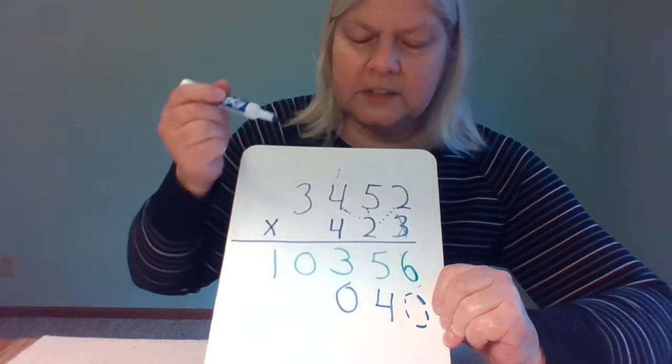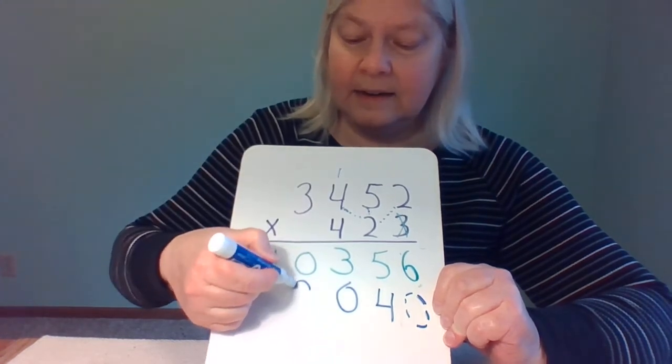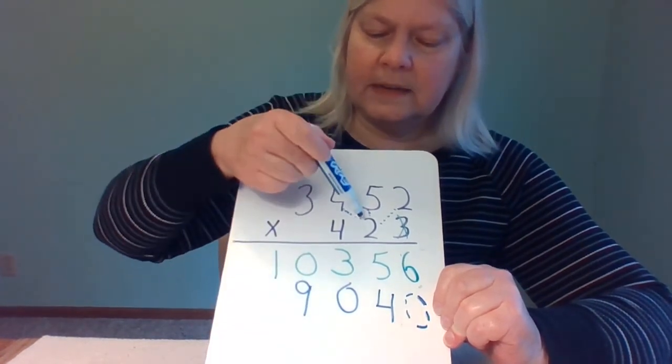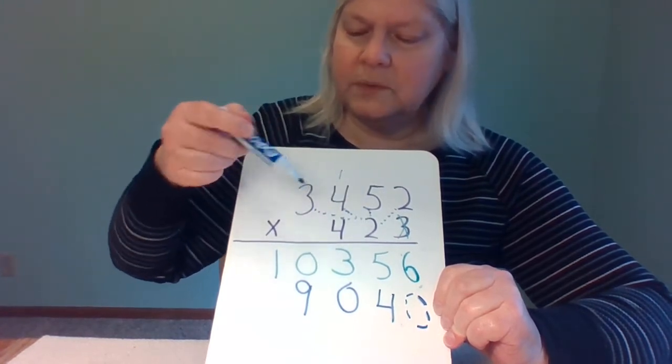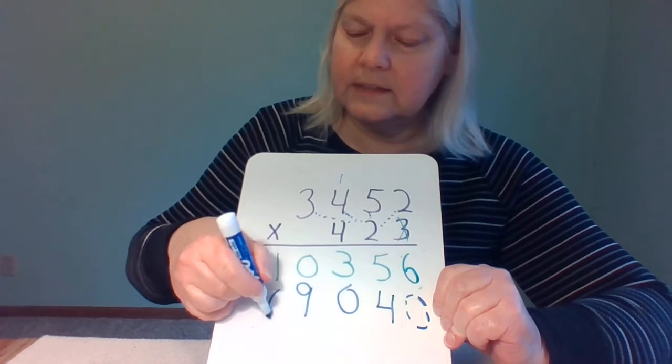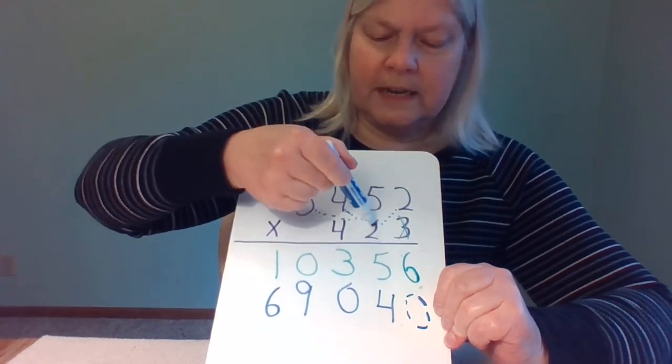Next dotted line to the hundreds place, 2 times 4 is 8, plus 1 is 9. Next dotted line to the thousands place, 2 times 3 is 6. We've finished with our tens partial products.